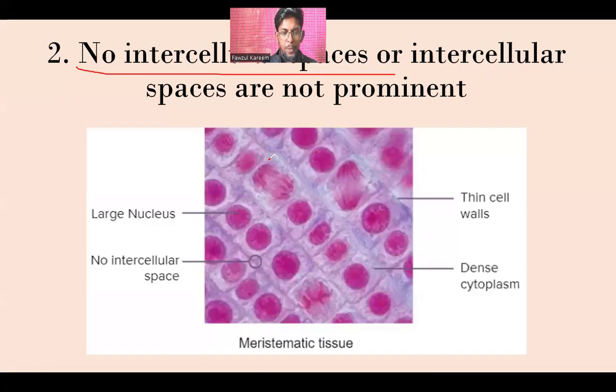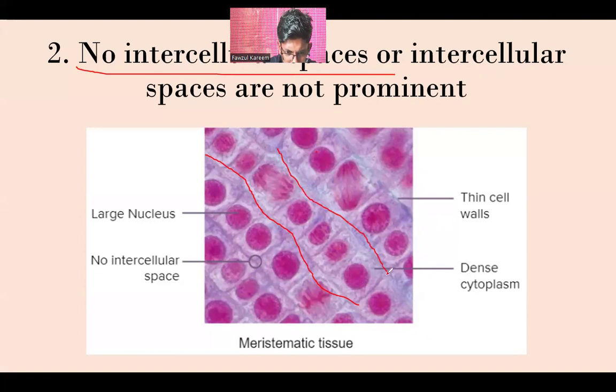Is there any gap here between the cells? Can you see any gaps here? All the cells are well packed, highly packed. There are no intercellular spaces. Am I right or wrong? Here there are no gaps.